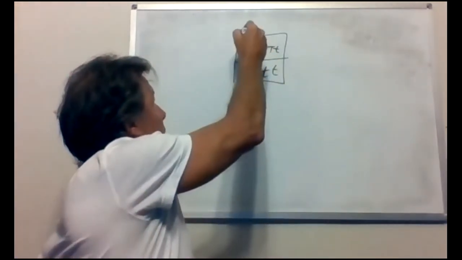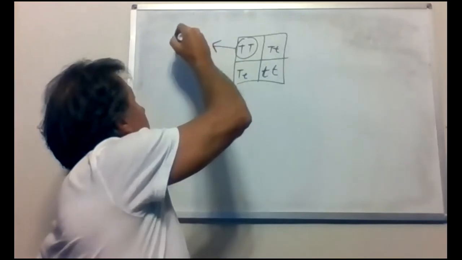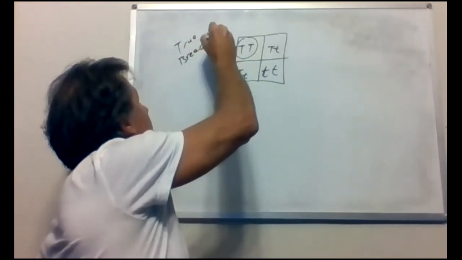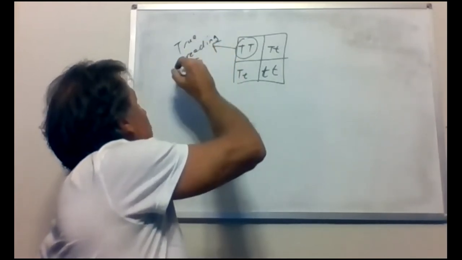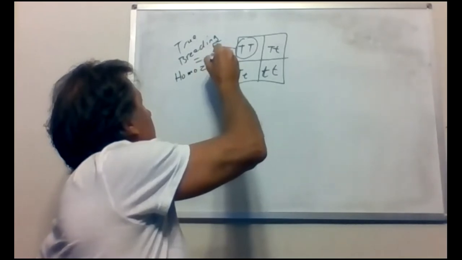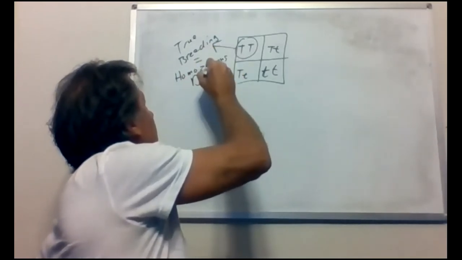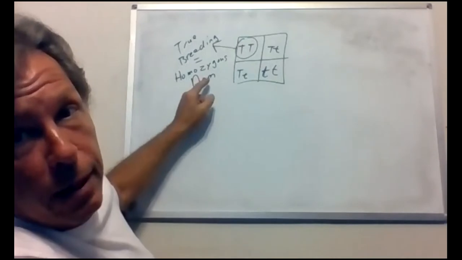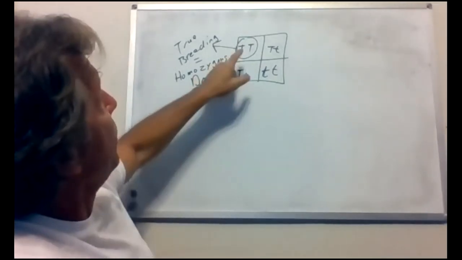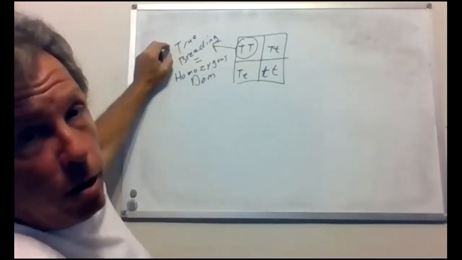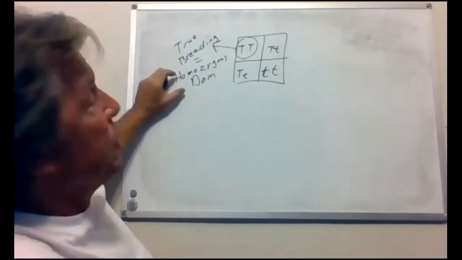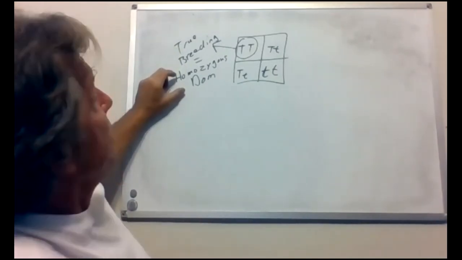Well, clearly when I self-fertilize this one, I'm going to get true breeding, which equals homozygous dominant genotype, right? What did Mendel see? He saw that this guy was true breeding tall. We can say that true breeding is genotypically homozygous dominant.